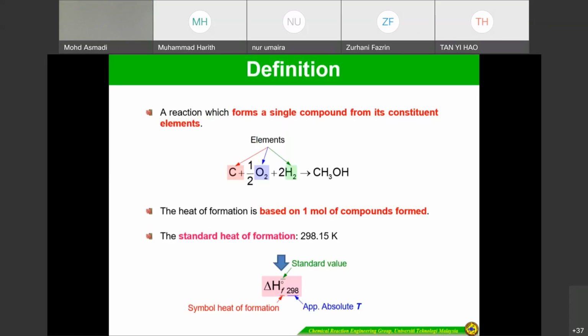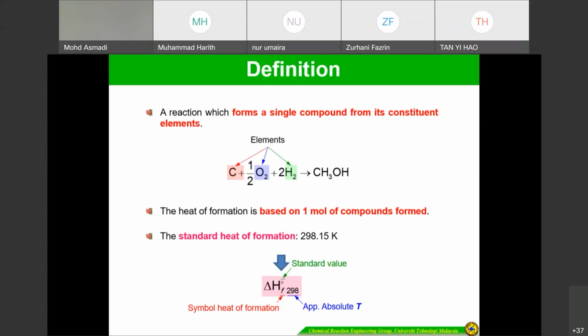Look at the heat of formation. A reaction will form a single compound from its constituent elements, meaning from the reactants. The reactants are the constituent elements, such as C, O, and H. So if you look here, it is the formation of methanol from carbon, oxygen, and hydrogen.